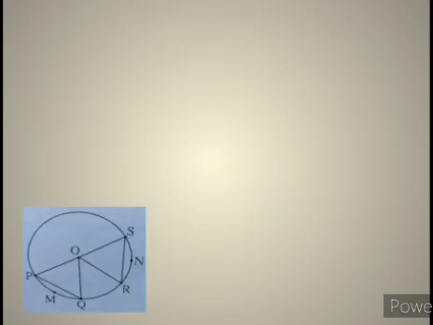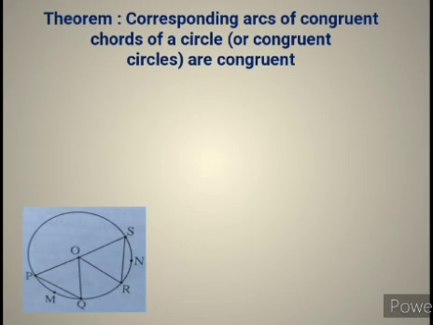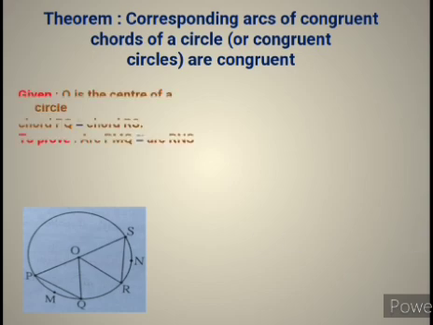Here we see another theorem: corresponding arcs of congruent chords of a circle are congruent. Given: O is the center of a circle, chord PQ is congruent to chord RS. To prove: arc PMQ is congruent to arc RNS.